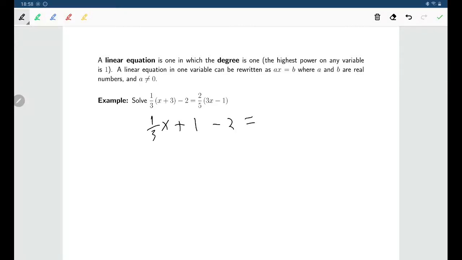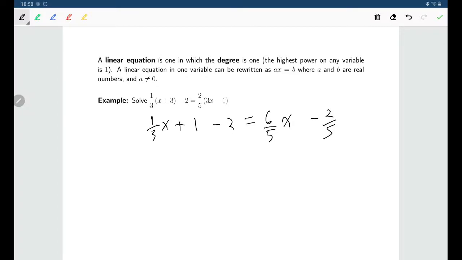On the right side, we would have 2/5 times 3x minus 1: 2/5 times 3x, which would be 6/5 x, and 2/5 times minus 1, or minus 2/5.